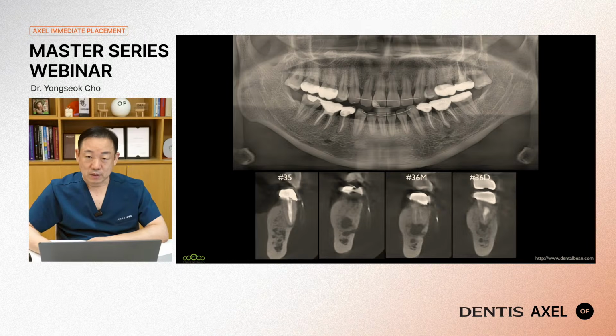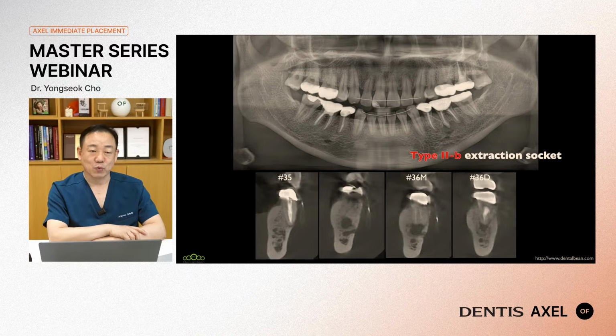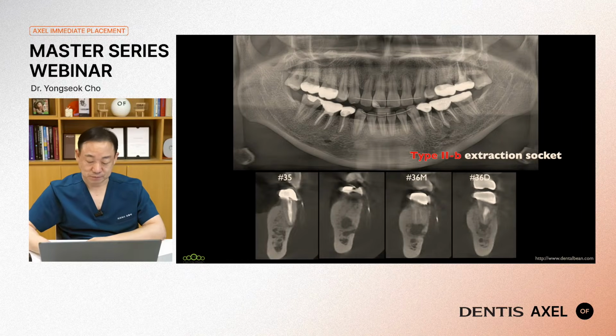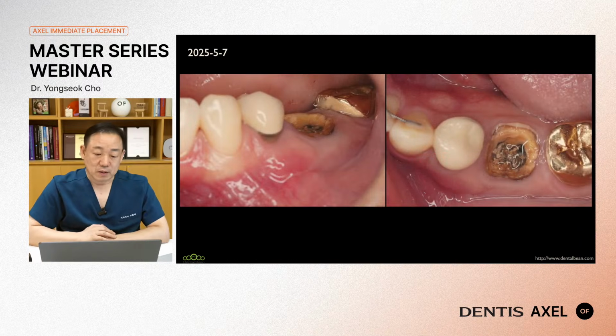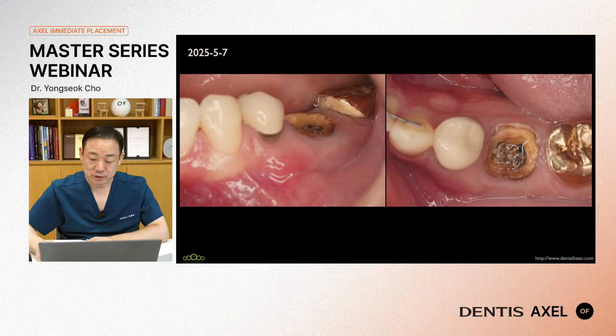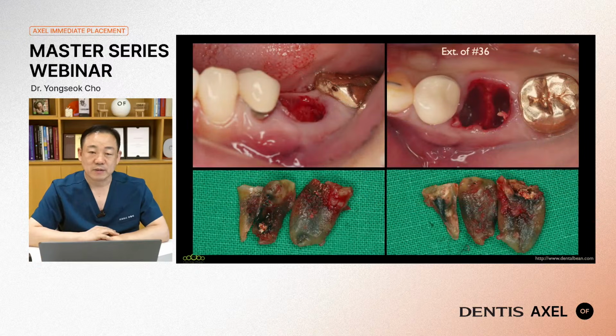This is a type 2B extraction socket, so it's better to extract the tooth and wait several months. So I decided to extract the tooth, bisecting the roots and then extracting the tooth.